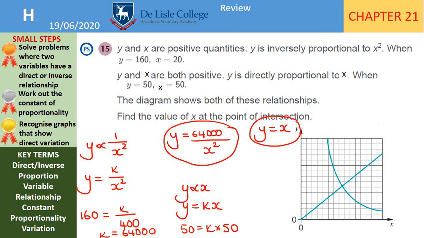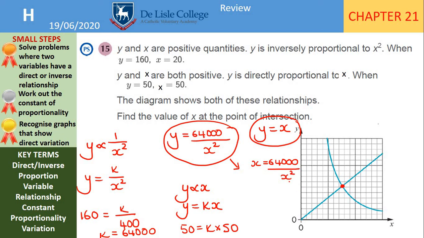Now the diagram shows both of the relationships and asks me to find the value of x at the point of intersection. Remember, this means I need to solve them simultaneously. So if the y value is equal to the x value, I can replace this y value here with x. So x is equal to 64,000 divided by x squared.